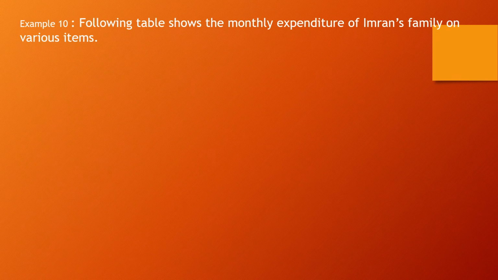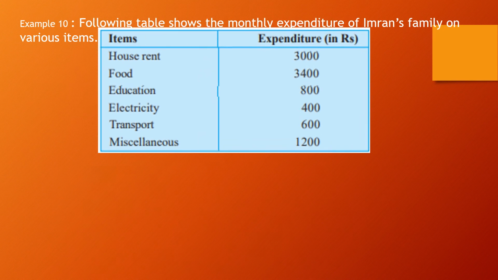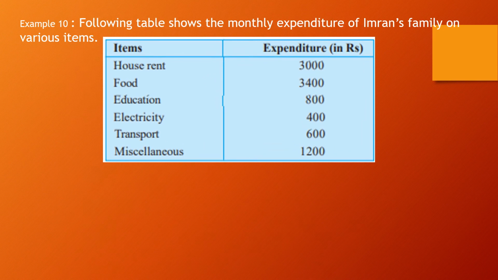Let us discuss one more example. The following table shows the monthly expenditure of Imran's family on various items. The items are house rent, food, education, electricity, transport, and extra miscellaneous also. And the expenditure amount is also given in the next column.